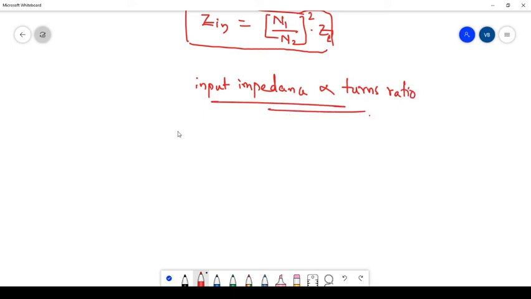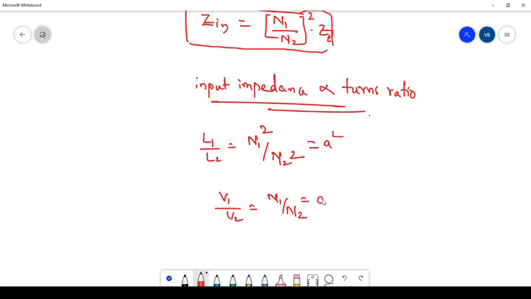So here we relate the relations. The first relation is L1 by L2 equals N1 square by N2 square, or else V1 by V2 equals N1 by N2, which is also called the turns ratio, that is a. Next, Zin equals (N1 by N2) whole square into ZL. So we have written these three relations.